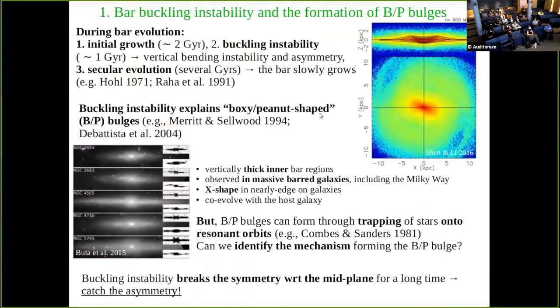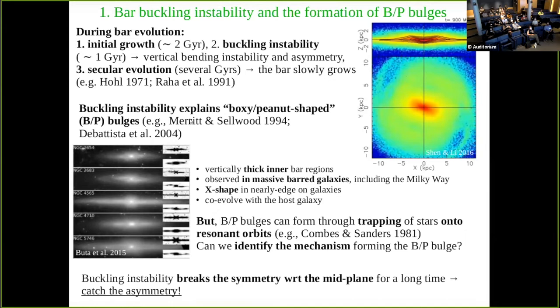During its evolution, a bar can experience an unstable phase called the buckling instability. During this event, the bar bends along the vertical direction and breaks the symmetry with respect to the midplane, as you can see here from the edge-on view of this modeled galaxy.